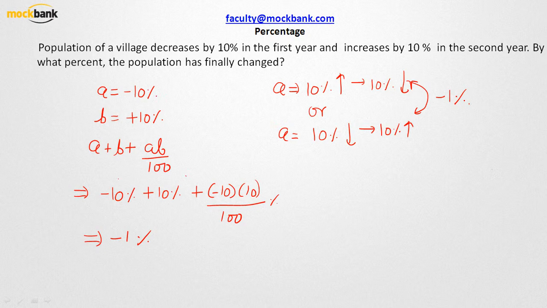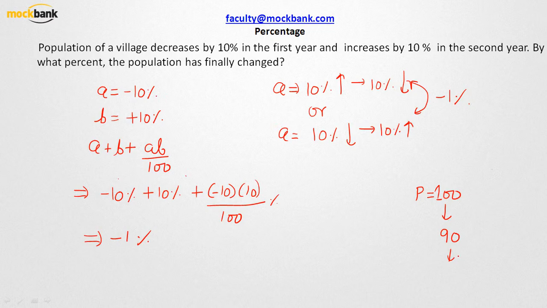Another method could be this: if I need to solve this question, I can take the population to be anything. I should be assuming a convenient figure. So let us assume that the population is 100. In the first year, the population is decreasing by 10%, so this becomes 90.